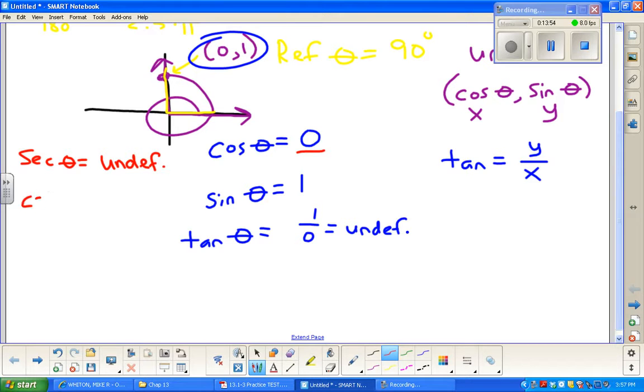The cosecant is the reciprocal of 1. 1 is really like 1 over 1, and the reciprocal of 1 over 1 is still just 1. Now your cotangent of the angle: the reciprocal of 1 over 0 is 0 over 1, which is just 0. So those are all of your trig ratios for the 450.